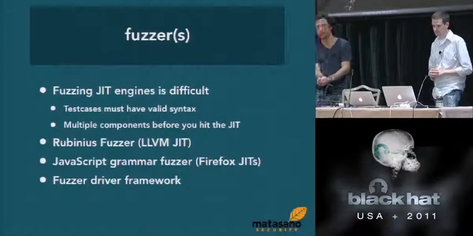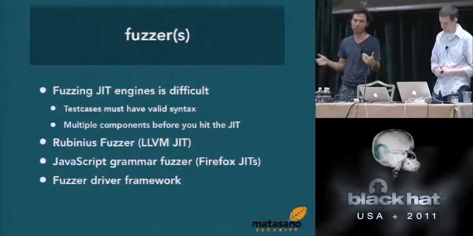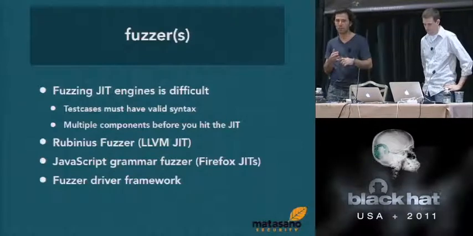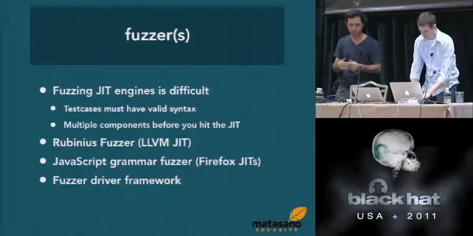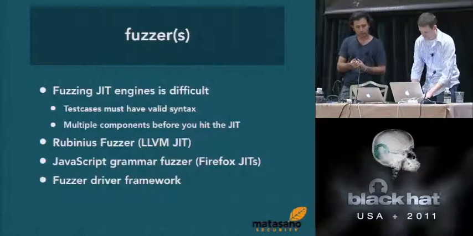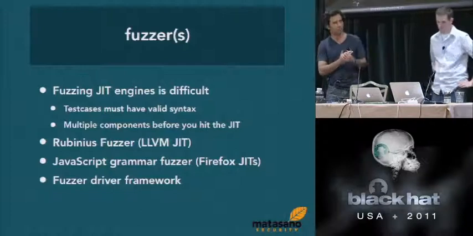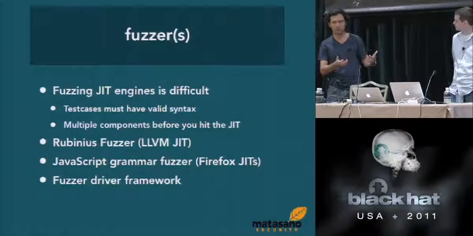Fuzzing JIT engines is difficult. We've been discussing before that they're kind of removed from where your input's coming. So a lot of the time your test cases need to conform strictly to a grammar for them to even get to the JIT. We wrote a few fuzzers. We wrote a Rubinius fuzzer that generated permutations of Ruby grammar.